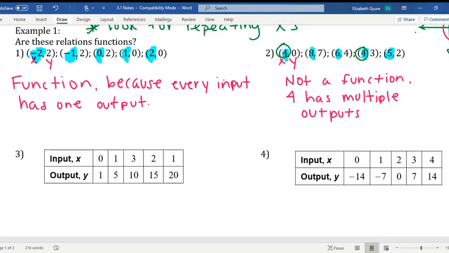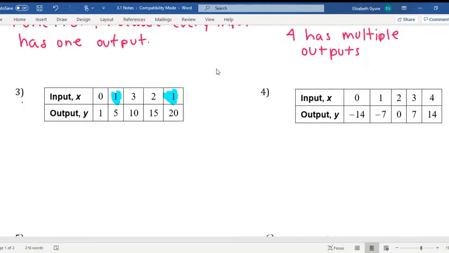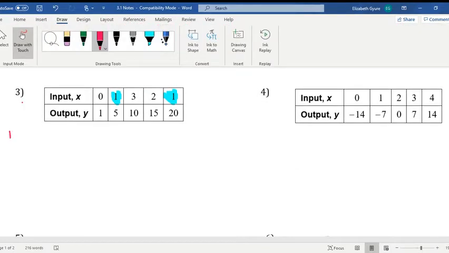So let's look at our x's again. We have 0, 1, 3, 2, and 1. Do we have any repeating x values? Yeah, which one? 1. Yeah, 1 repeats. Okay, so is it a function? No, not a function. So, not a function.